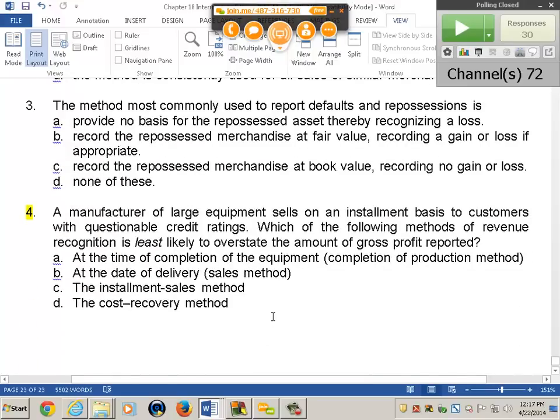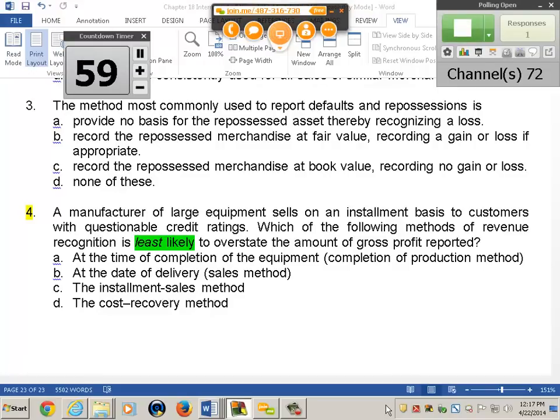Number 4, a manufacturer of large equipment sells on an installment basis to customers with questionable credit rating. Which one of the following methods of revenue is least likely to overstate? Least likely to overstate. Or what's the most conservative approach? Point of sale, completion of production before delivery, at delivery, installment sales, or cost recovery. What is the most conservative?